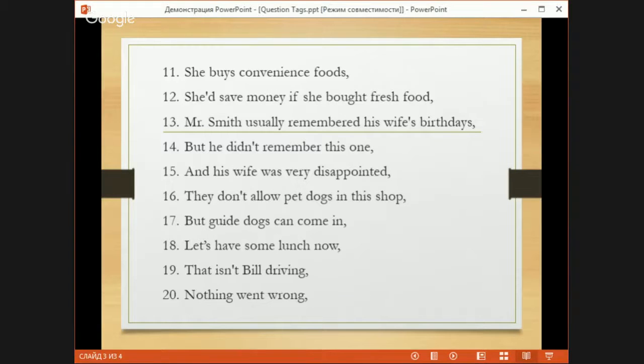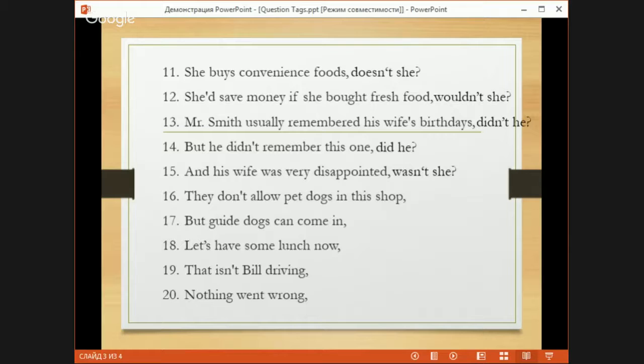Let's look at our sentences. She buys convenience foods, doesn't she? Present simple. She would save money if she bought fresh food. We have here would, so wouldn't she? Mr. Smith usually remembered his wife's birthdays in the past, didn't he? But he didn't remember this one. It's a negative sentence, did he? And his wife was very disappointed, wasn't she?